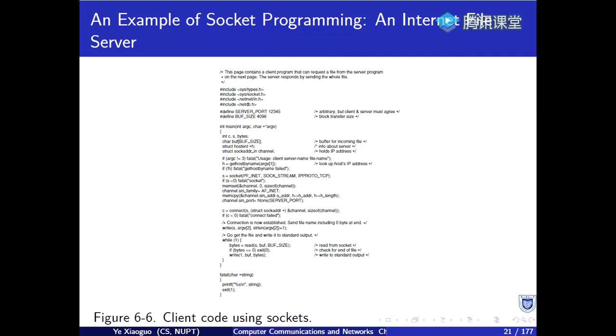Here are some includes: types, socket.h, in.h, netdb.h, etc. Here it defines some constants: the server port, for example 12,345, and the buffer size 4,096.